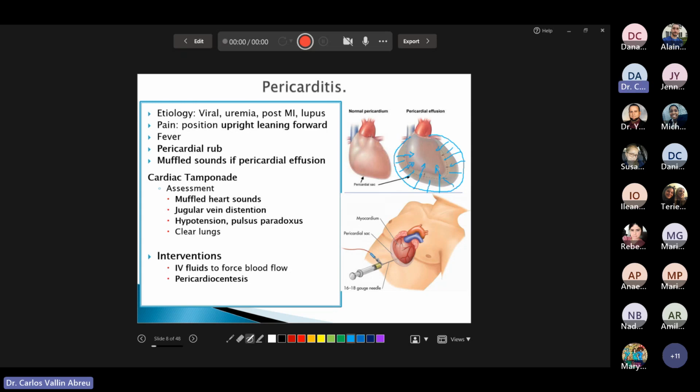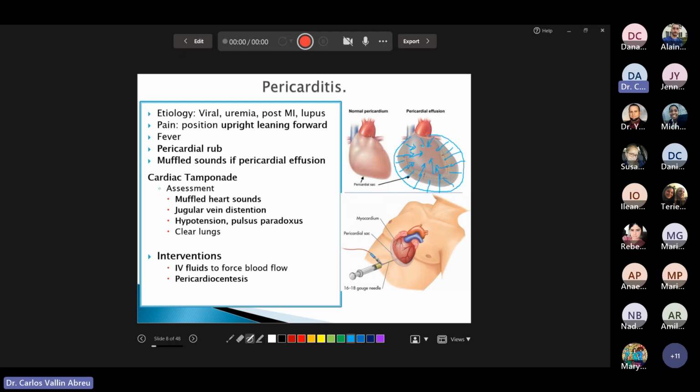The heart needs a space to expand during diastole and fill its interior with blood, and then contract to move the blood forward. Now this pericardium is strangling the heart, okay?